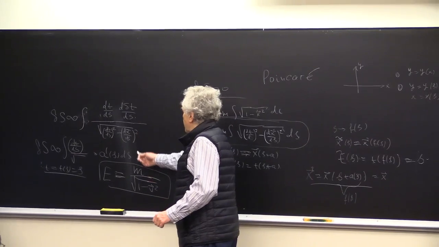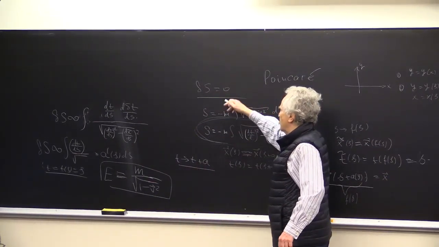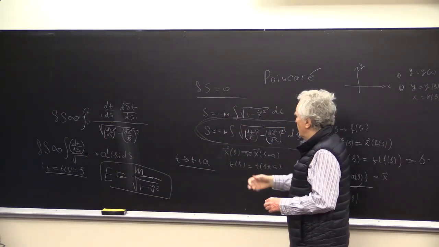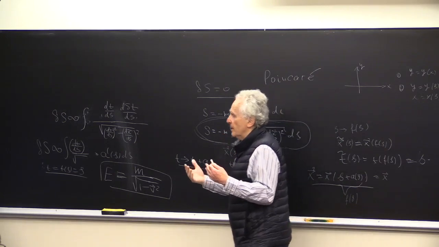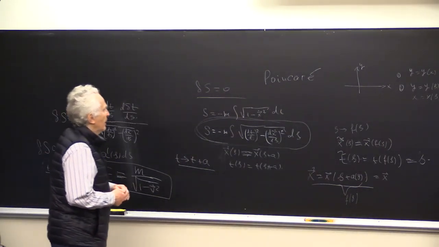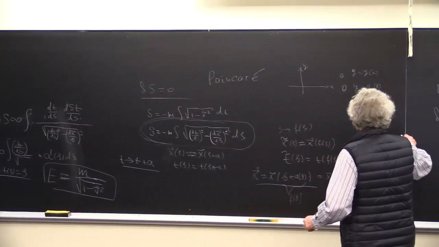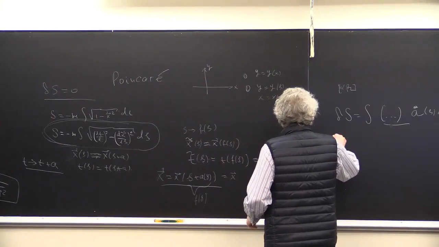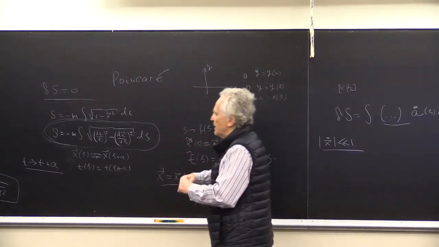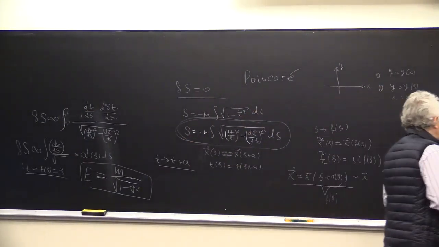Of course, symmetry considerations don't fix the coefficient here. The coefficient is fixed by comparison with the non-relativistic case, where x dot is much smaller than 1. I remind you, our speed of light is equal to 1 by the choice of units.